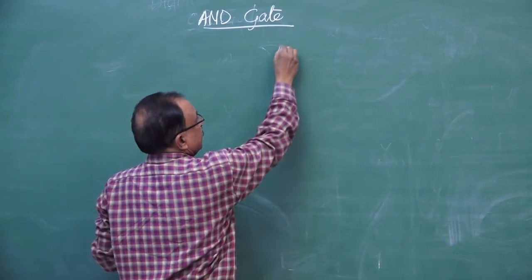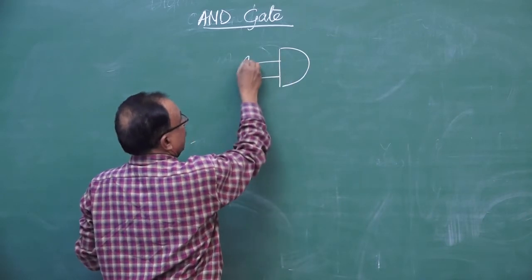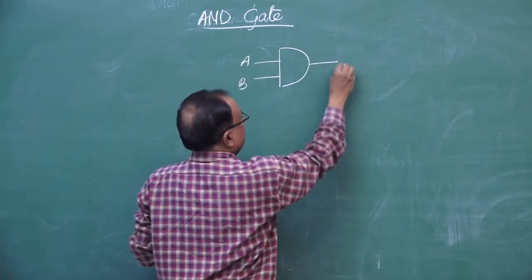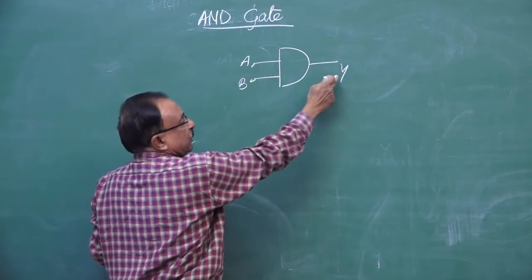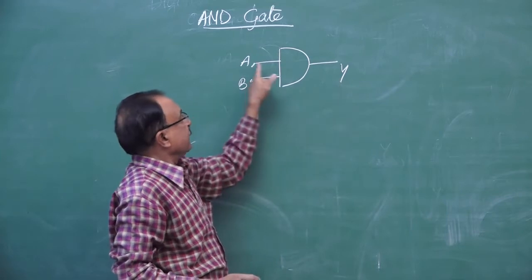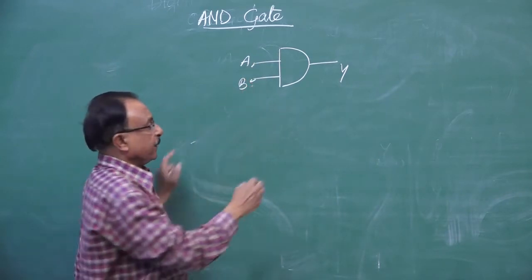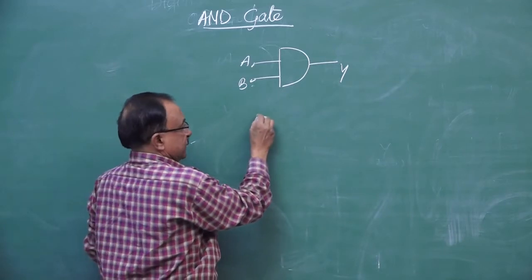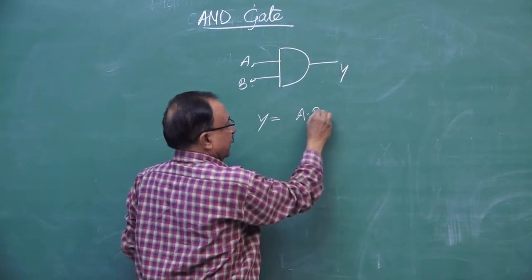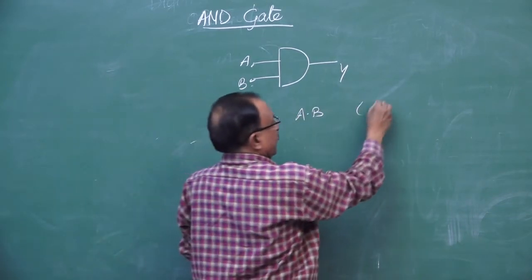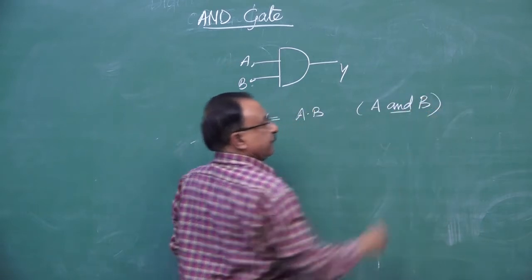The graphic symbol is shaped like a D, with 2 inputs A and B and 1 output Y. You will get an output Y when both A and B are at high value. So we represent the output logical relation as Y is equal to A into B. We call it A and B.